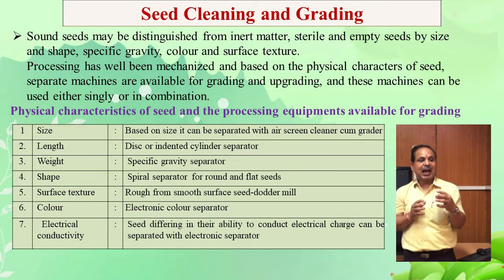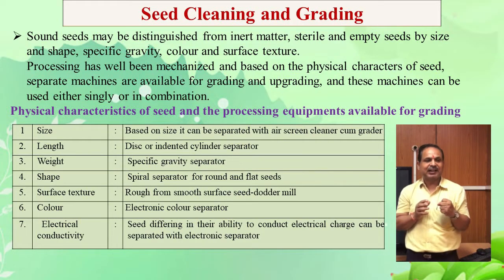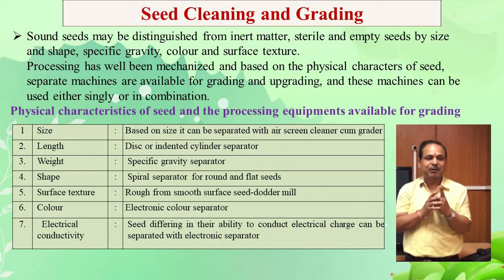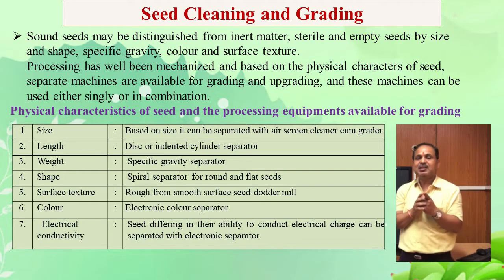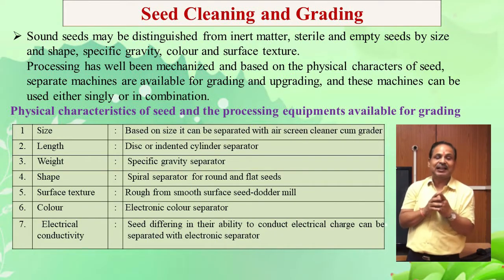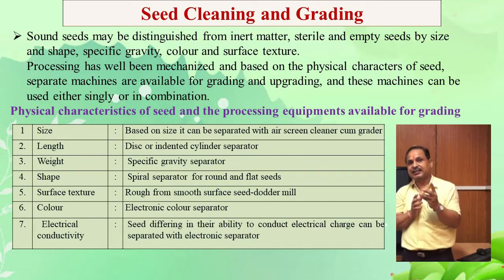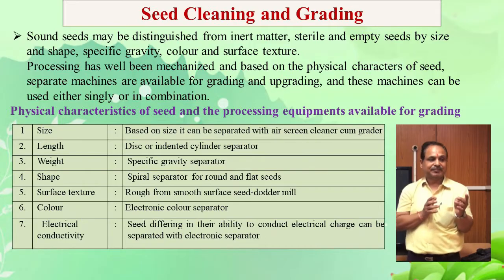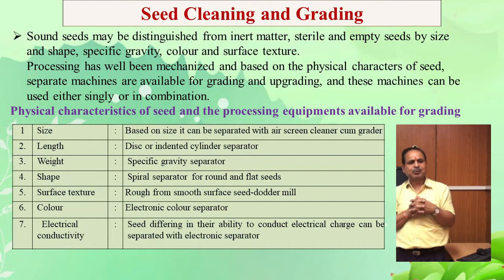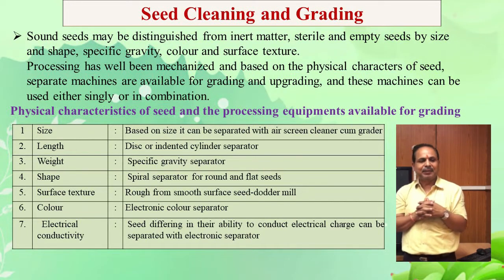The processing has been well mechanized, and it must be remembered that processing activities depend on the physical characteristics of seeds: the size, length, weight, color of the seeds, etc. So for this, separate machines should be available in the processing plant for grading.